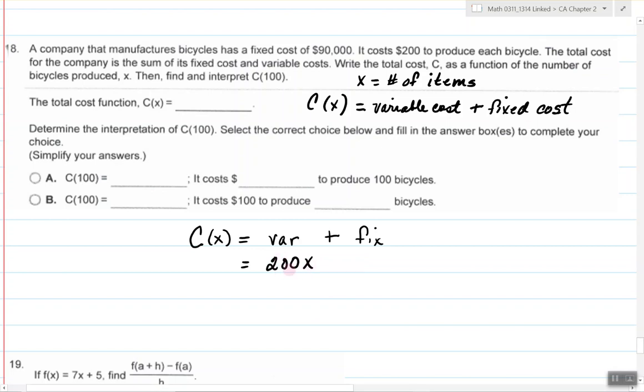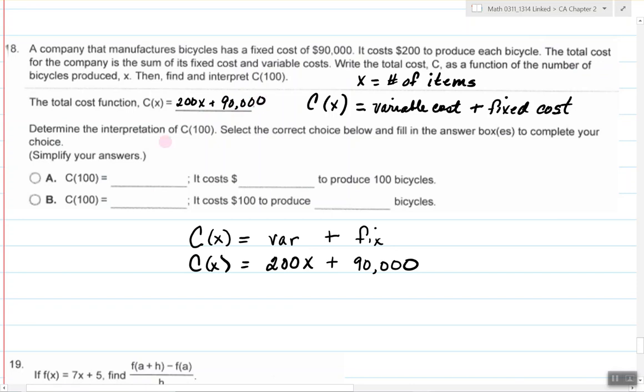So it varies based on how many. The fixed cost is simply given as $90,000. Now this is like a formula. Okay, so they're going to want us to type this in here. We'll have 200x plus 90,000.